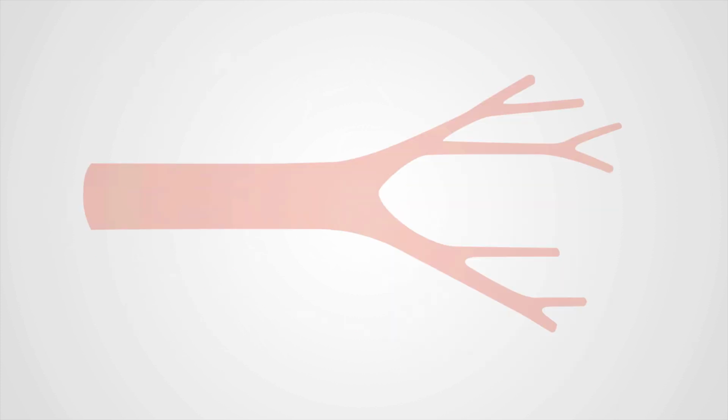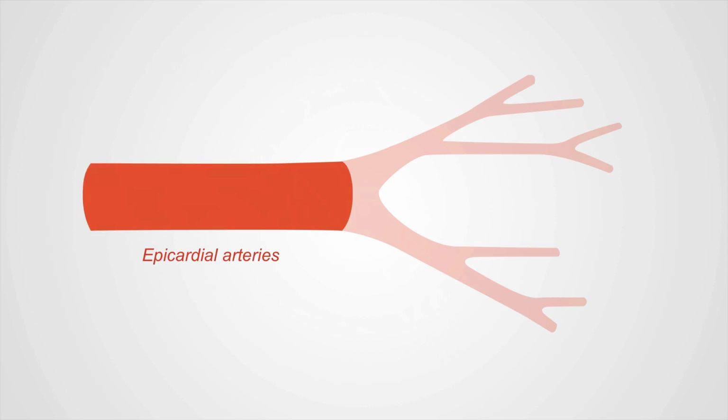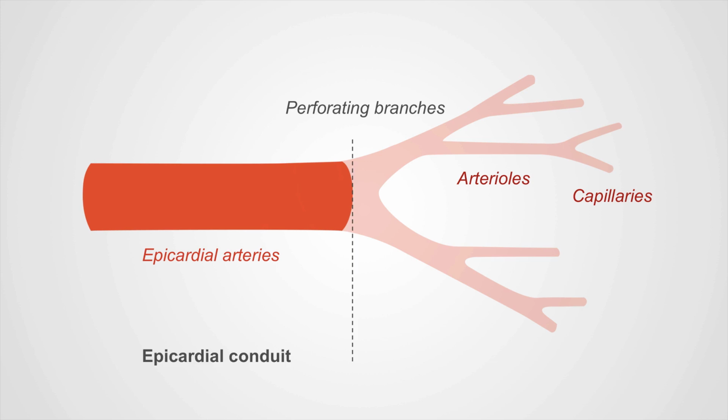Let's just have a little look at that in more detail. As we've said, these are the epicardial arteries. They branch into perforator branches, arterioles, and capillaries. Broadly speaking, these main epicardial arteries are also referred to as epicardial conduits. The rest of the small vessels, and particularly those vessels less than 300 microns in diameter, are known as the microvasculature.